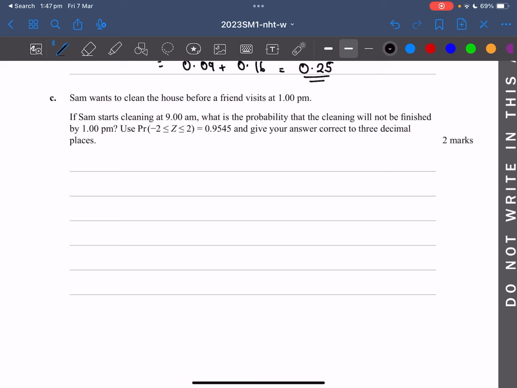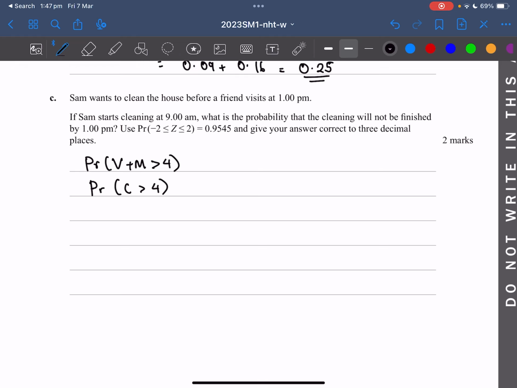So we are essentially finding the probability that vacuuming plus mopping takes more than 4 hours, since 9 a.m. to 1 p.m. is 4 hours. So that is basically finding the probability that C is greater than 4.